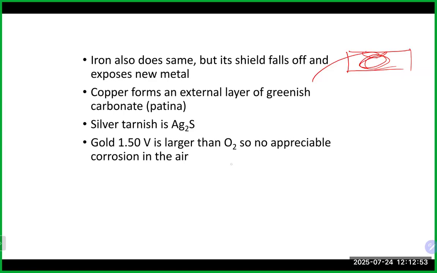That's because when we hook up gold and oxygen together in a galvanic cell, gold, with a 1.5 SRP value, is more positive, which means the gold would actually be our cathode, and the anode and oxidation would occur over there at the oxygen. Thus, gold itself will not go through oxidation or corrosion because of its more positive SRP value.